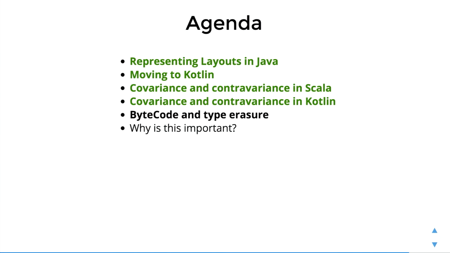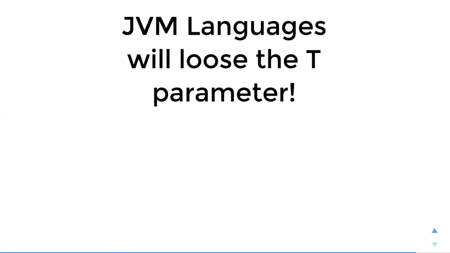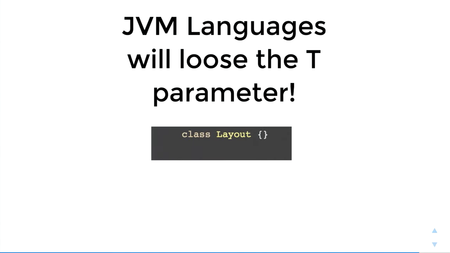So one thing that we had to deal with for all these examples we were building was type erasure. The languages built on top of the JVM are going to lose the T parameter. So our interesting layout class receiving a generic parameter is going to become this creepy class Layout.